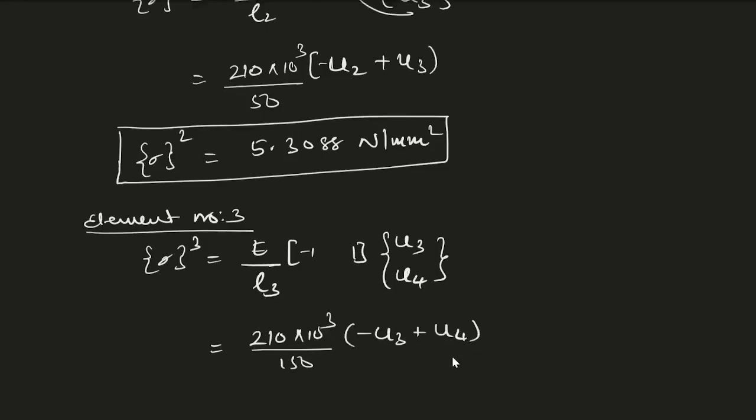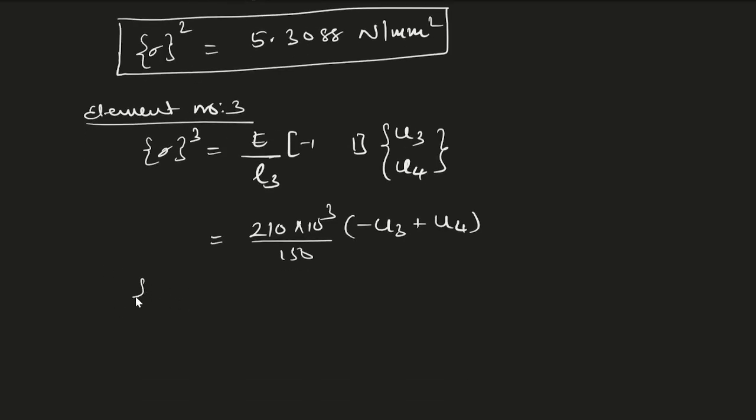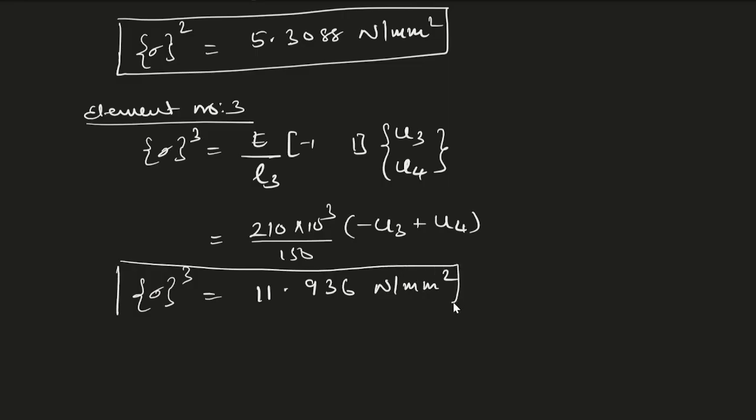We'll put the values and get the stress for element 3 as 11.936 Newton per mm square. So these are the stresses of the elements we got. We have found the nodal displacements and stresses of the stepped bar.